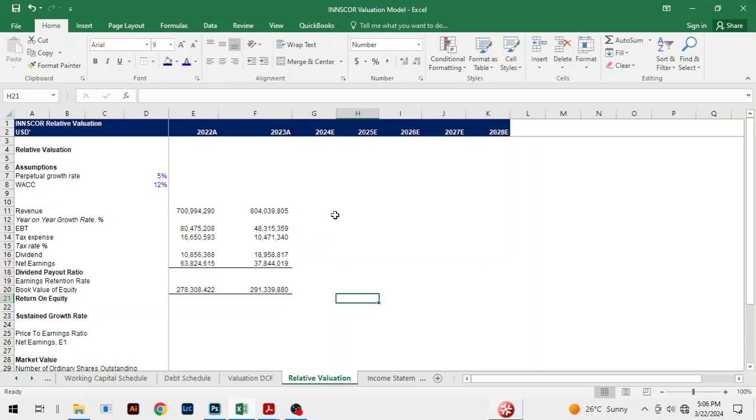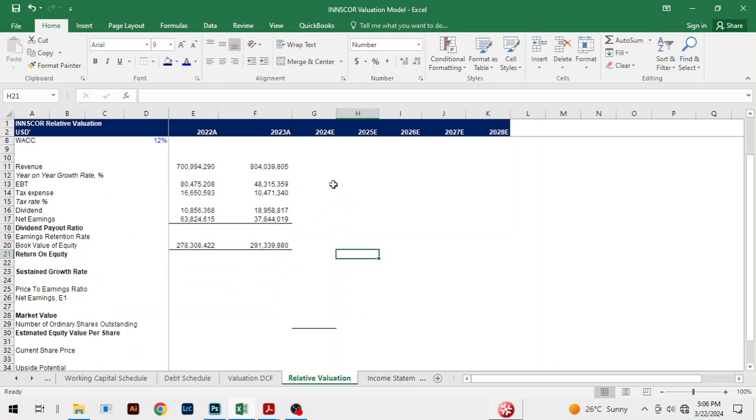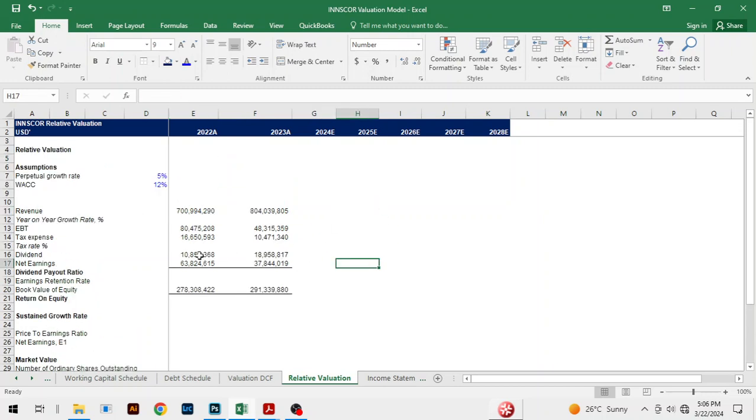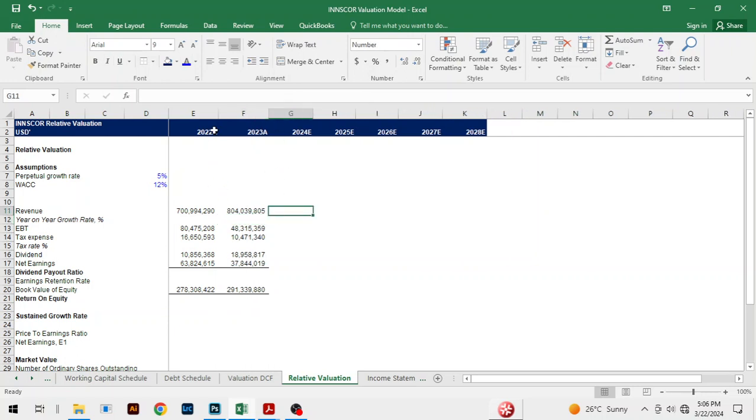So here I've just extracted these figures from Innscor's 2023 and 2022 annual report. Let's just quickly compute the revenue growth rate year on year.